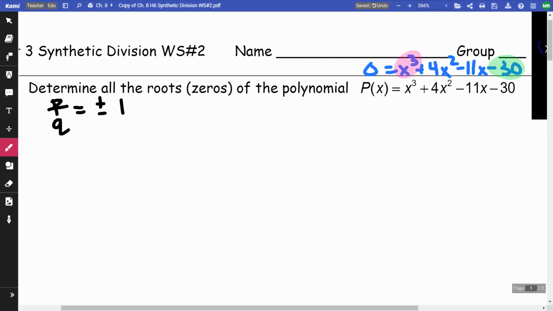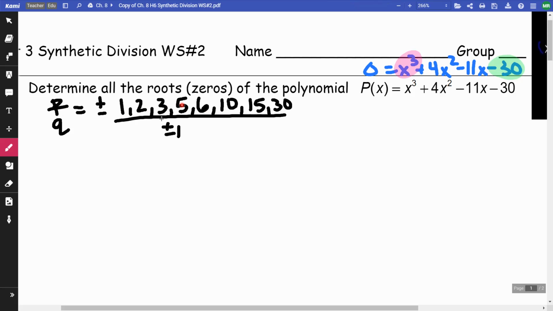So I'm going to have a positive, negative 1, 2, 3, 5, 6, 10, 15, and 30. So 1 times 30, 2 times 15, 3 times 10, 5 times 6. That's everything that would multiply to 30, all over plus or minus 1.